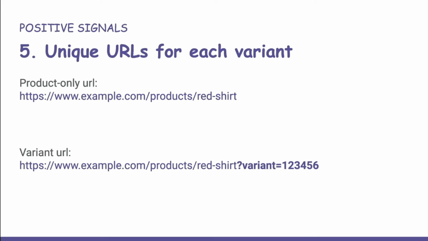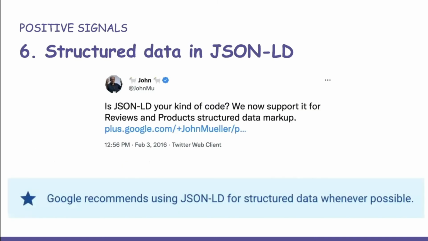Notice that the variant URL includes the question mark variant equals and then a number. This is incredibly important for Facebook and Merchant Center and a common cause for price mismatching errors within Merchant Center. And then finally, using JSON LD for your structured data, as this is the preferred method from search engines.